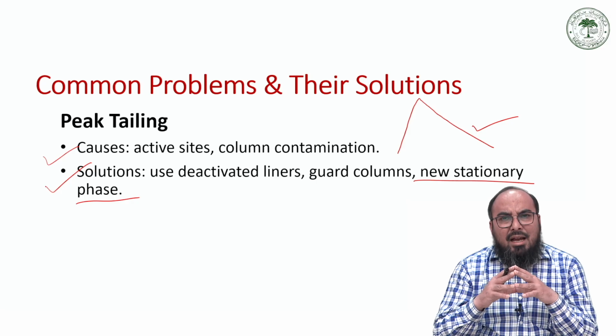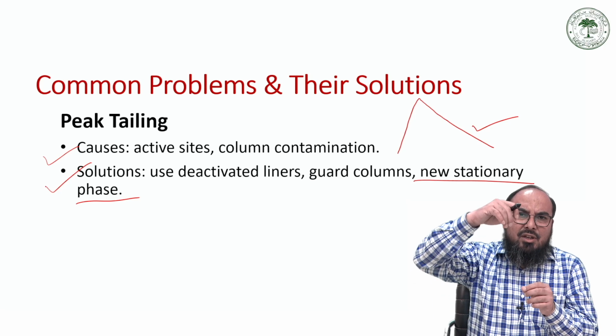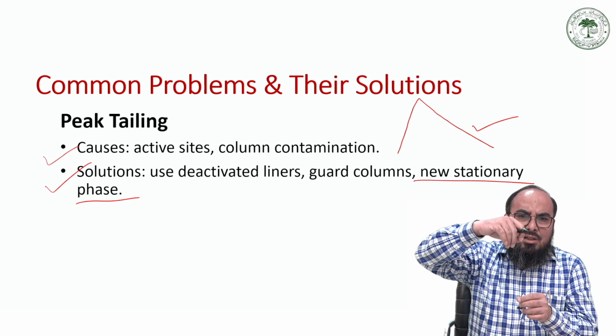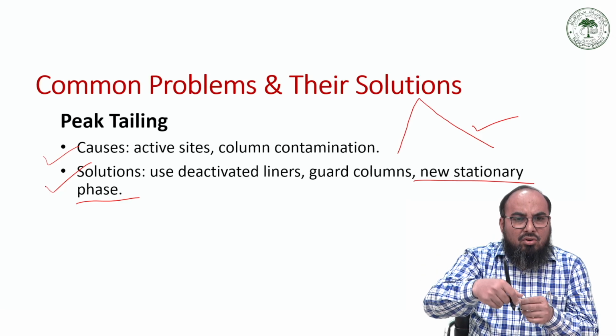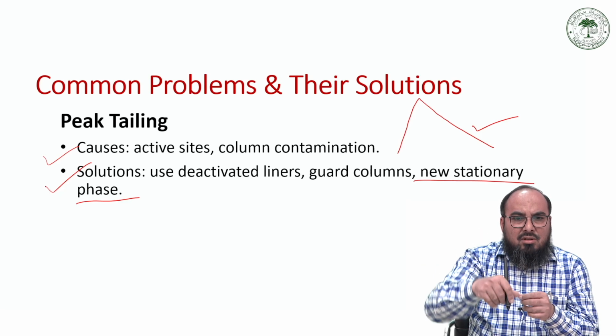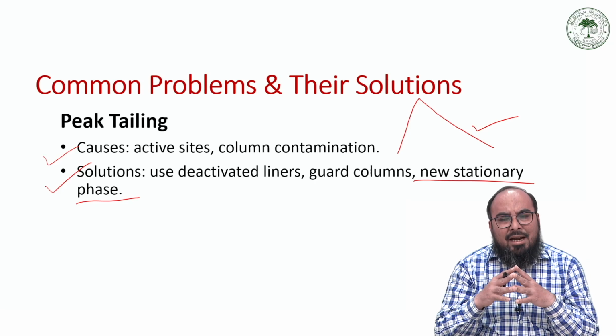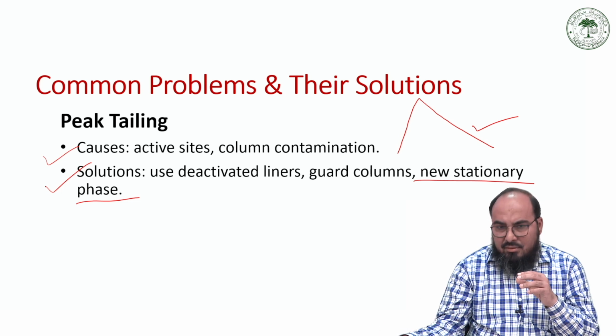For example, if you remember when we were talking about the detectors, in certain detectors we have chosen liners so that your sample can go straight into the column. Those liners sometimes cause issues, so you have to deactivate your liners. That is, you have to clear the backlog of samples from the liners.